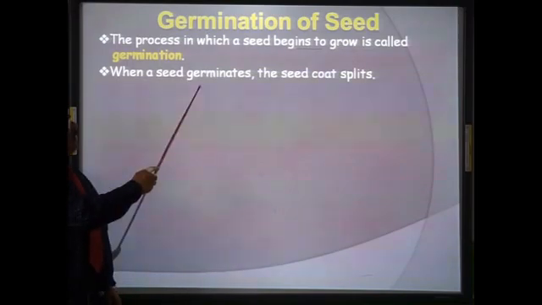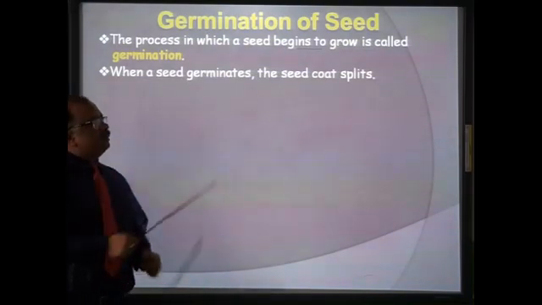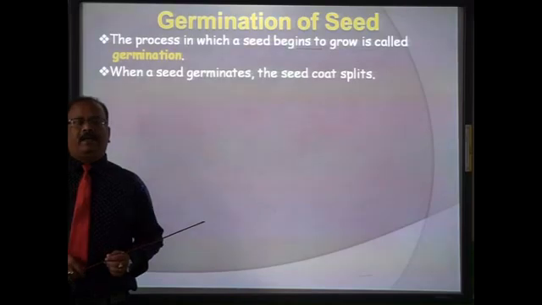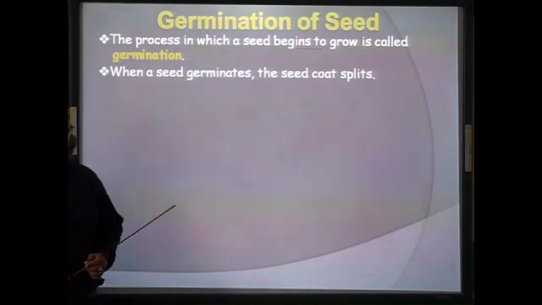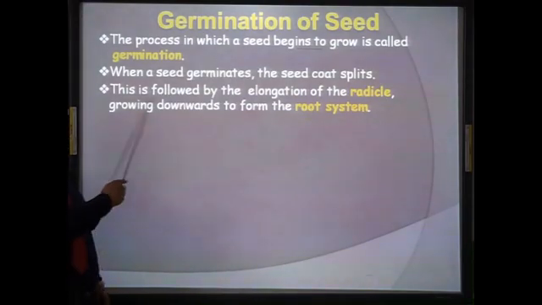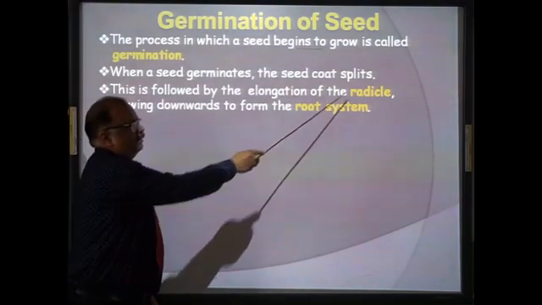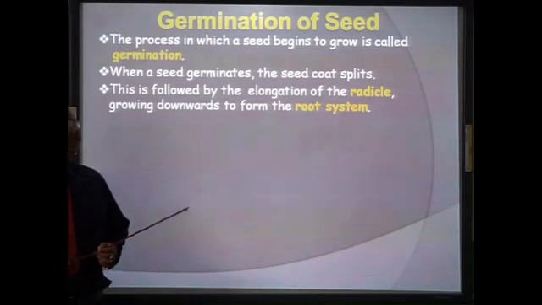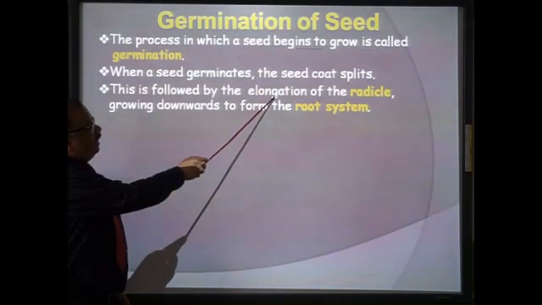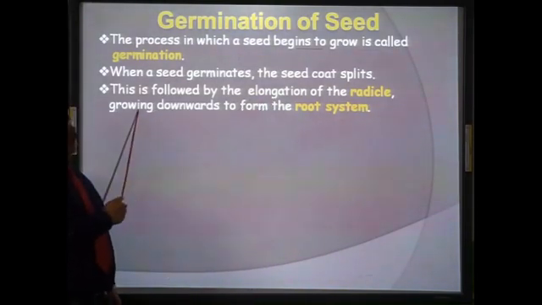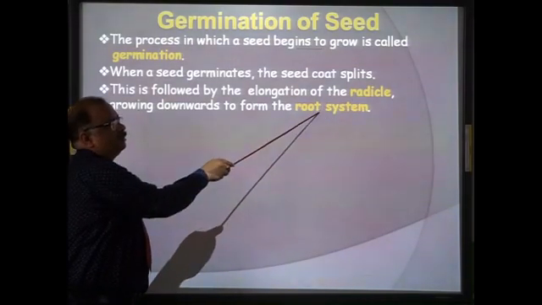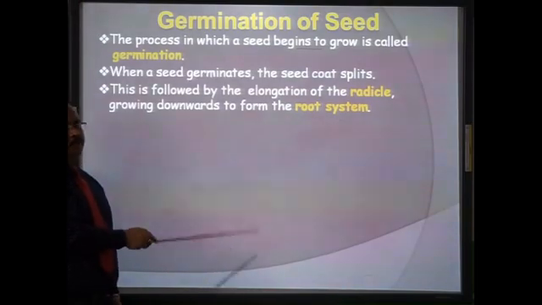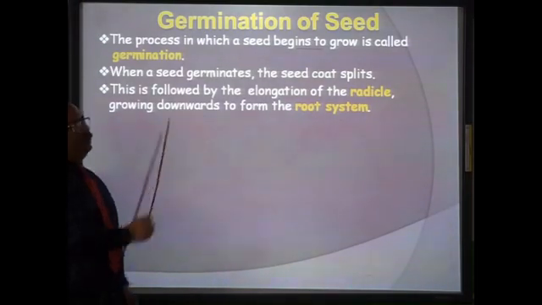When a seed germinates, the seed coat splits. The outer protective covering, the seed coat, splits. And then what happens? This is followed by the elongation of the radicle. The radicle starts elongating and growing downwards to form the root system.